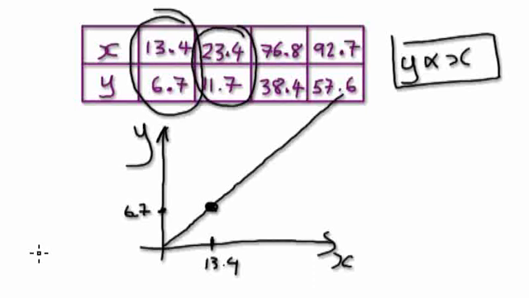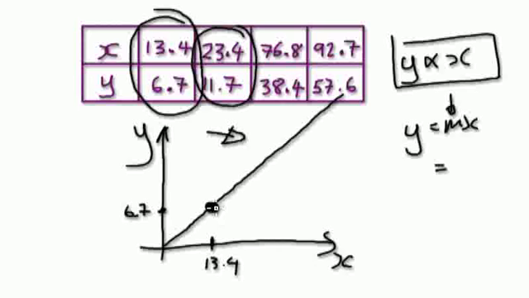So let's come up with an equation for this line, because once we have the equation, it's really easy. It's a straight line, so it will be y equals mx plus c. But because it goes through the origin, we can forget about c, because c will be 0. So it's just a matter of working out the gradient.